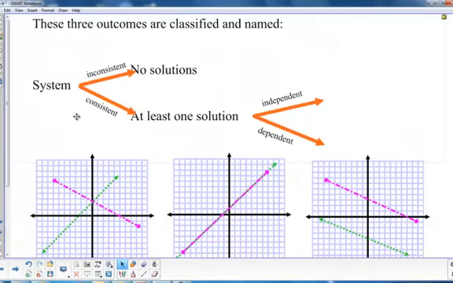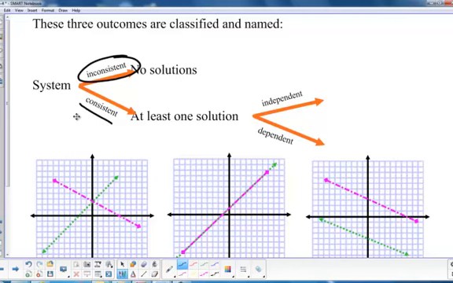All right, so if something has no solutions, it's called inconsistent. And if something has solutions, it's called consistent. And then you either go to independent or dependent.